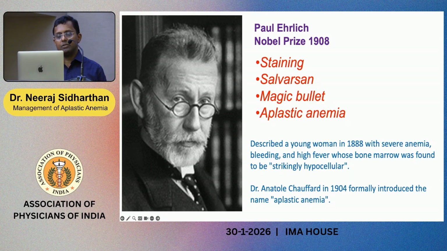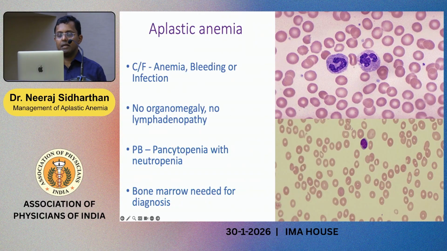And Dr. Anatoly Shafard actually named aplastic anemia. So the clinical features are of all the three cytopenias: anemia, bleeding, or infections. And the physical examination is distinct by remarkable absence of organomegalies or lymphadenopathies.